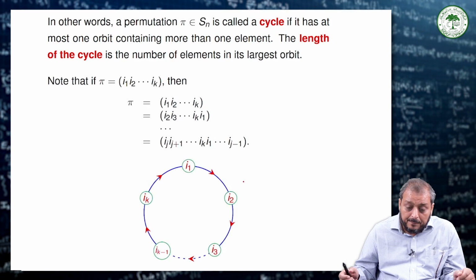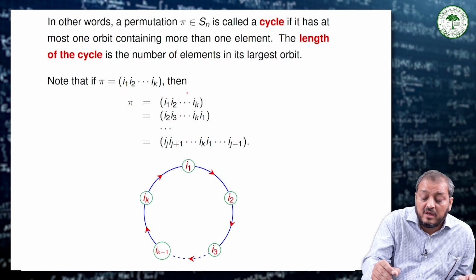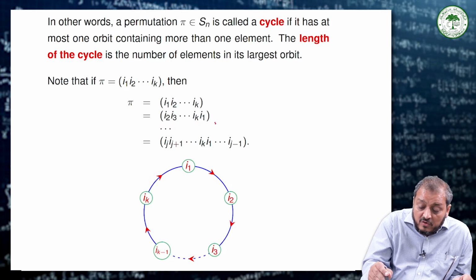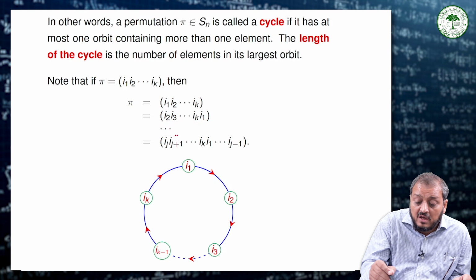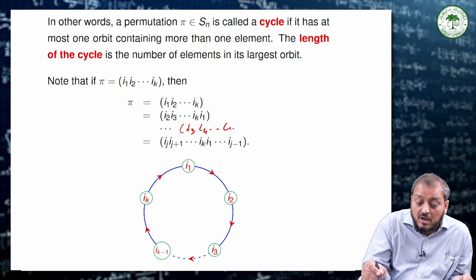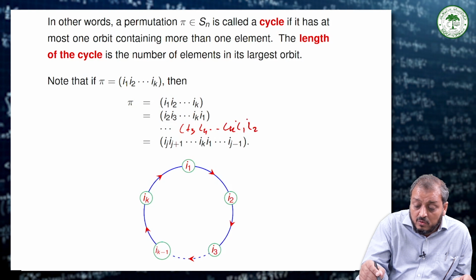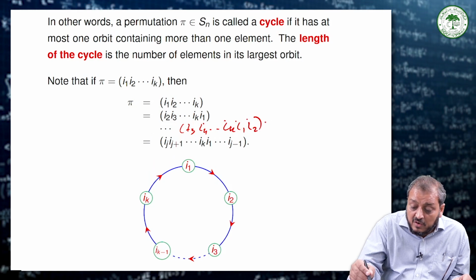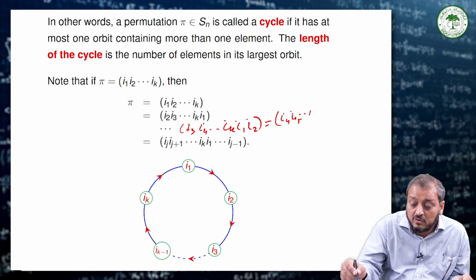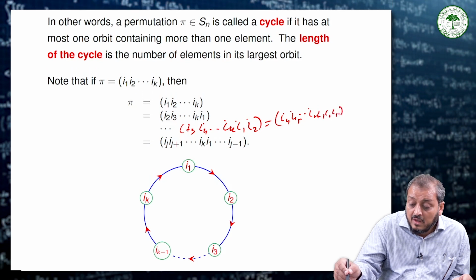For example, if pi is equal to (i1 i2 ... ik), then pi can be written as (i1 i2 ... ik), then (i2 i3 ... ik i1), then (i3 i4 ... ik i1 i2), then (i4 i5 ... ik i1 i2 i3) and so on.